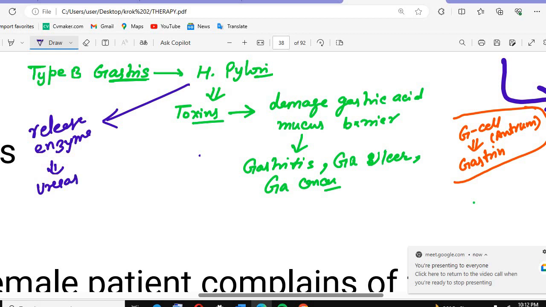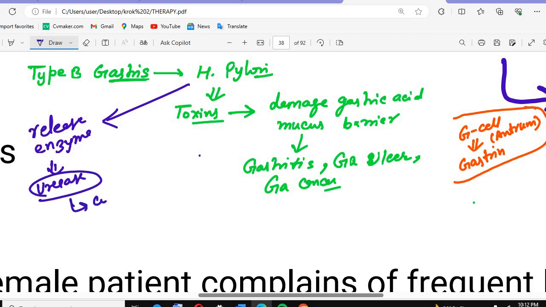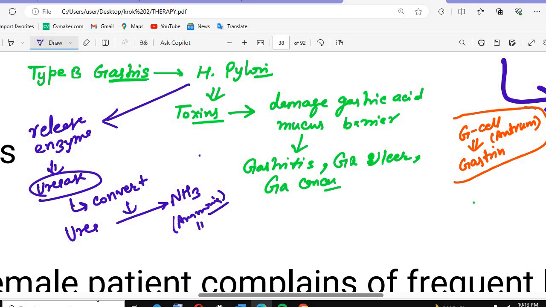What does urease do? Urease converts urea to ammonia, and what is ammonia? It is an alkaline substance, like a basic substance.